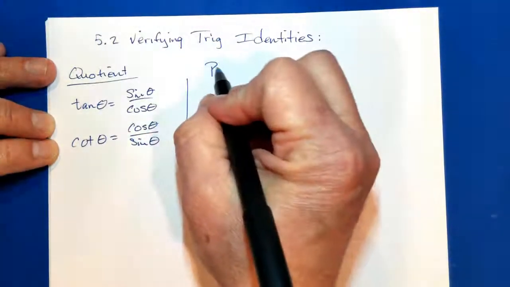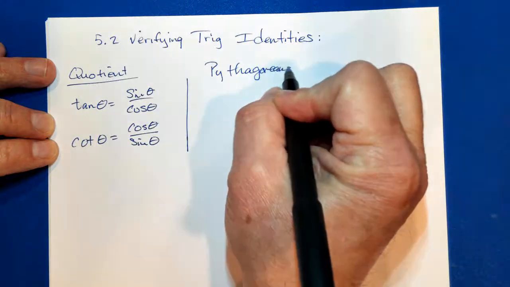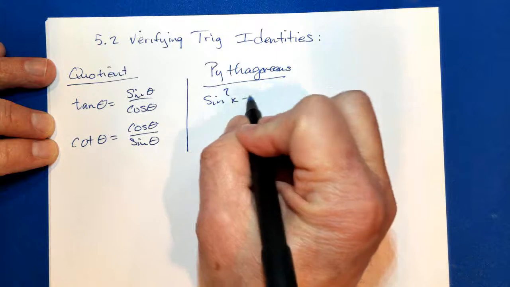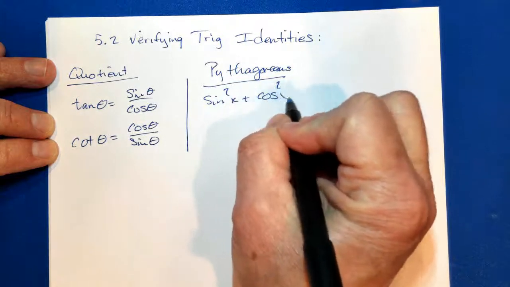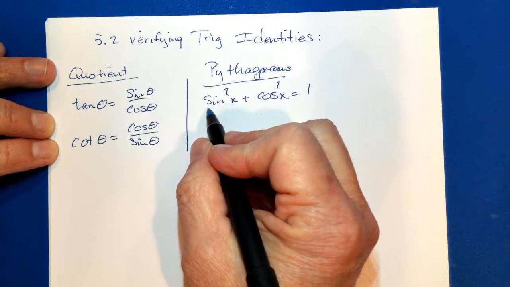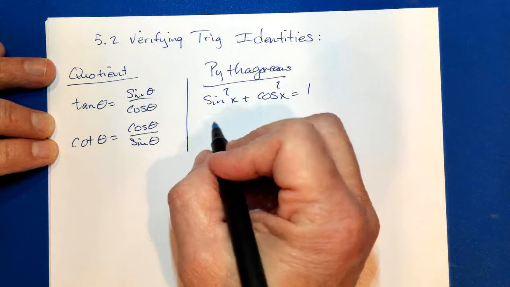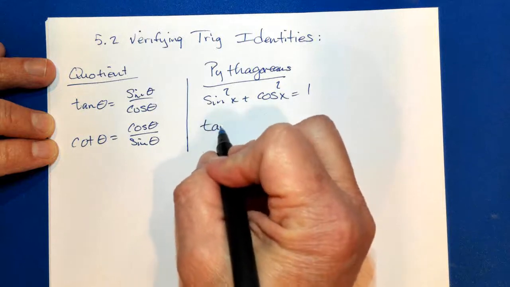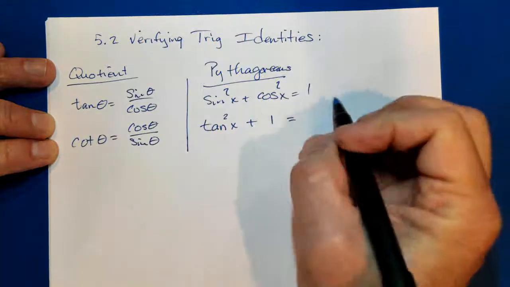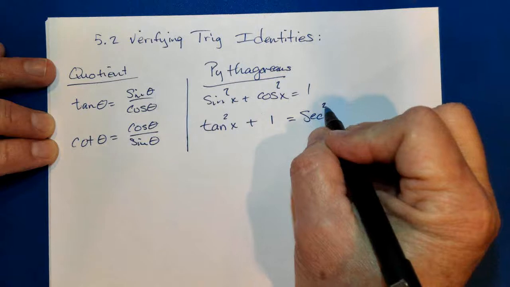The Pythagoreans, we know that sine squared x plus cosine squared x is equal to 1. If we divide both of these by cosine squared, then we have tangent squared x plus 1 is equal to 1 over cosine squared, which is secant squared.